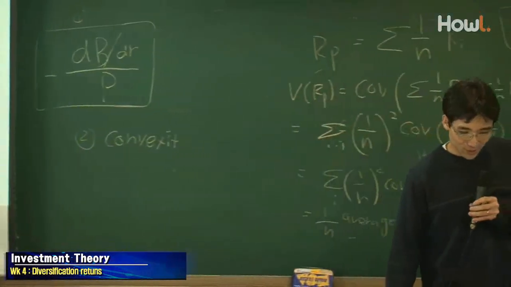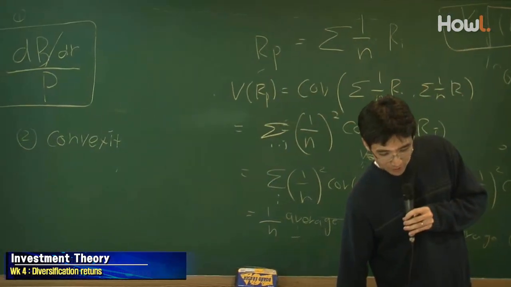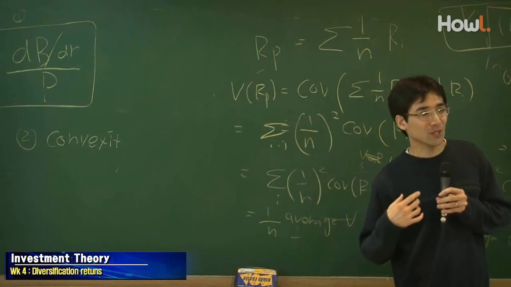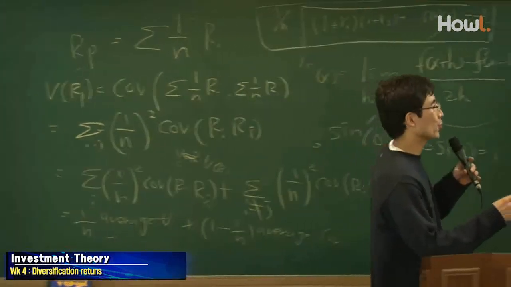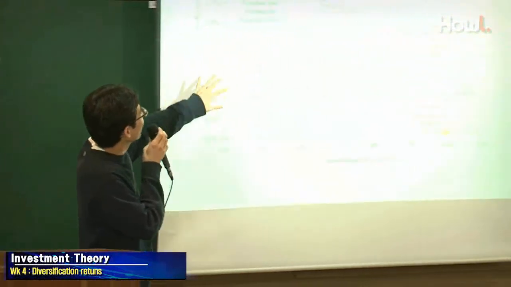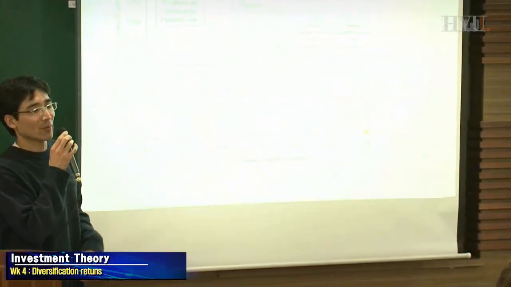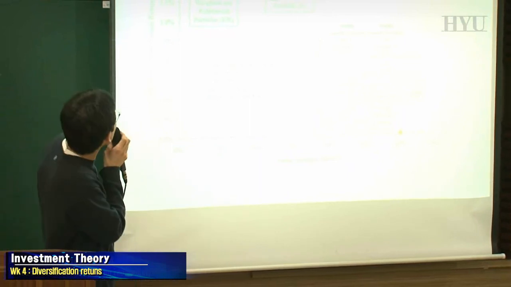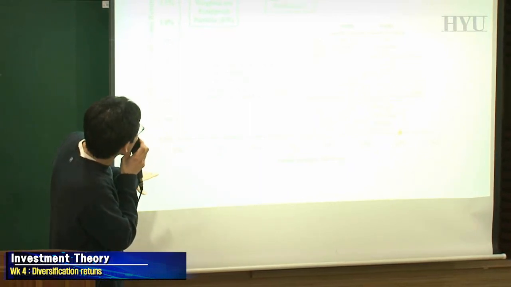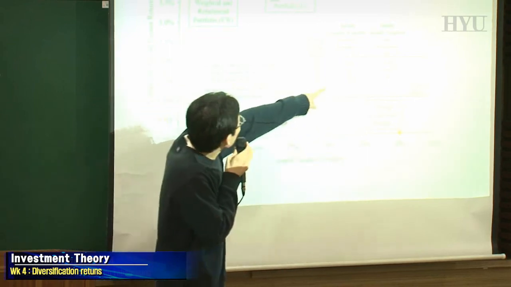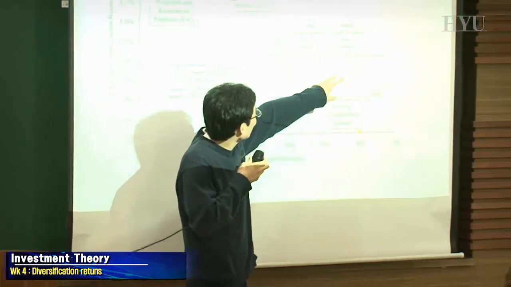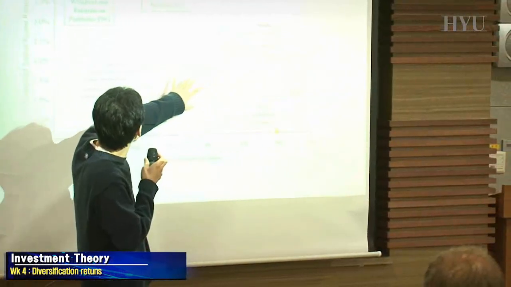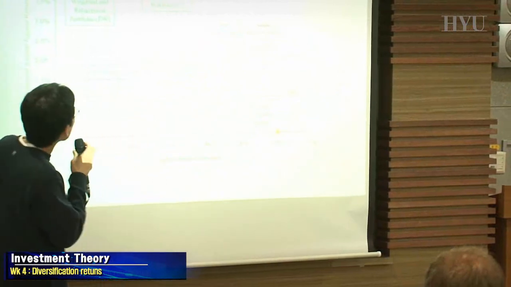First, initially equally weighted and rebalanced portfolio. Suppose we construct an equally weighted portfolio, and we rebalance to make them have equal weight. Then its return is 4.28%, and its standard deviation is around 5%.